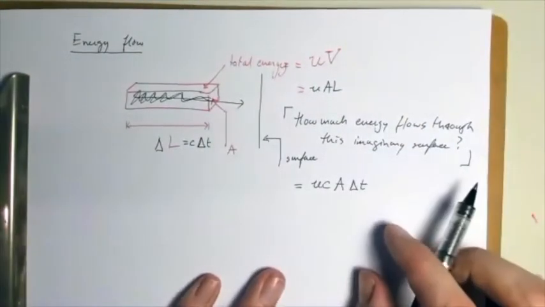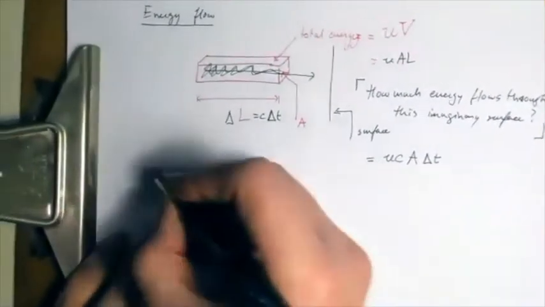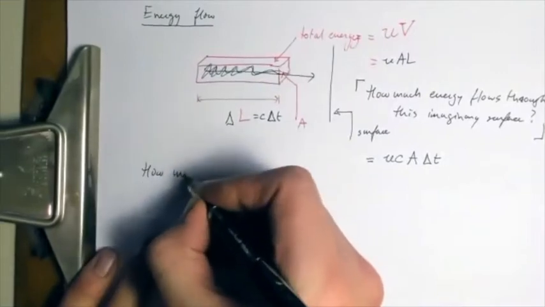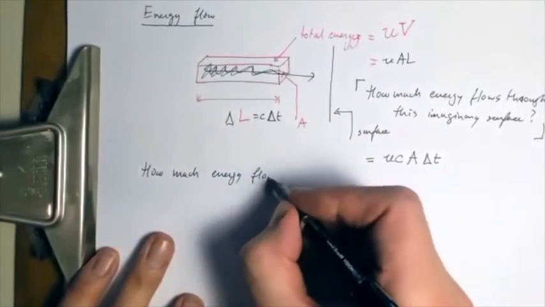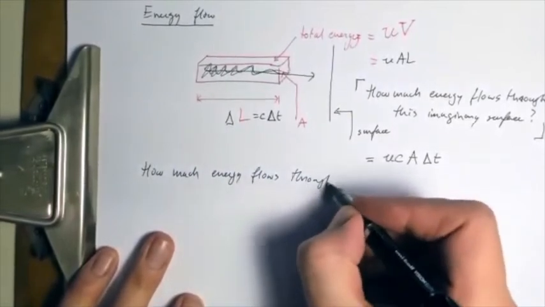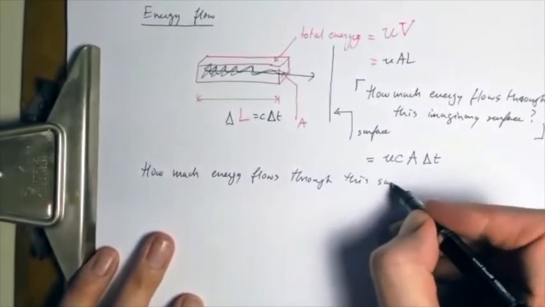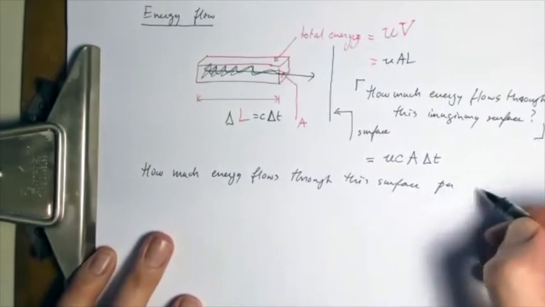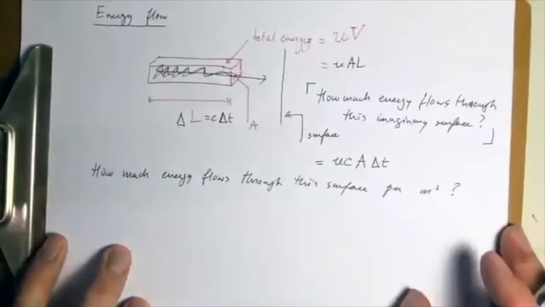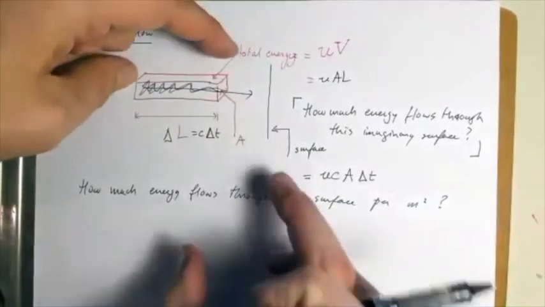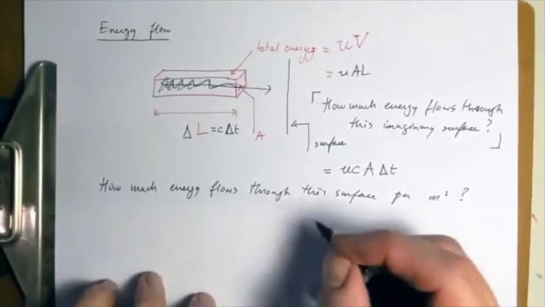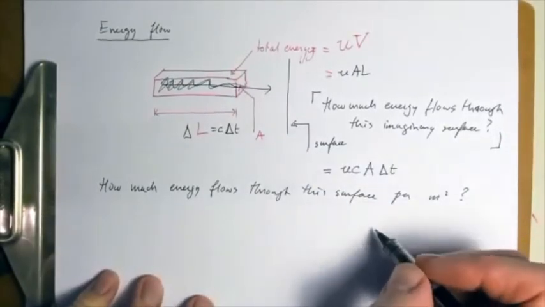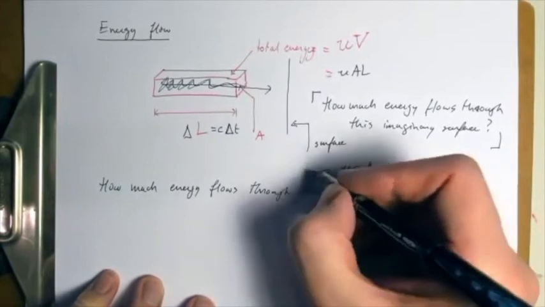And now we're using a surface, and we usually like to normalize things. So let's say, okay, how much energy flows through this surface per square meter? Because if we make the surface bigger, we also get more energy. So it makes sense to divide out that thing. So then we're talking about the energy that flows through it.